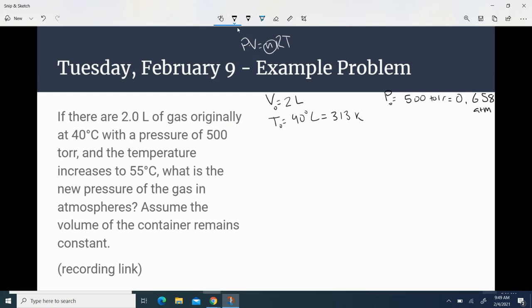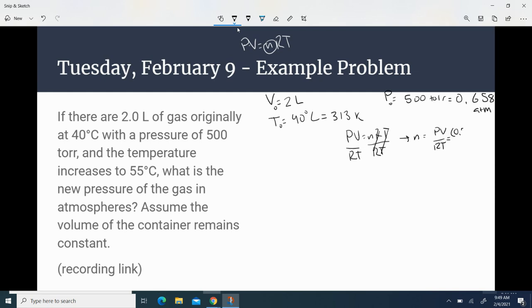If PV equals nRT, to get n by itself, I just need to divide by RT on both sides. So n is equal to PV over RT. I have values for all of these, so let's plug them in.